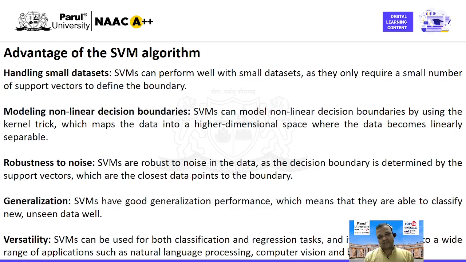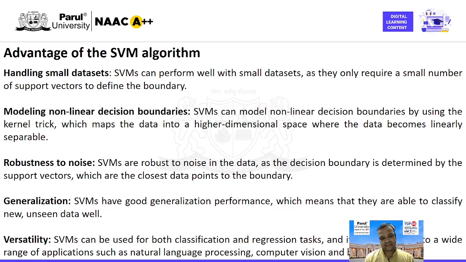There are some advantages of the SVM algorithm. First, handling small data sets. SVMs can perform well with small data sets as they only require a smaller number of support vectors to define the boundaries. Second one is modeling nonlinear decision boundaries. SVMs can model nonlinear decision boundaries by using the kernel trick, which maps the data into a higher dimensional space where the data can become linearly separable.